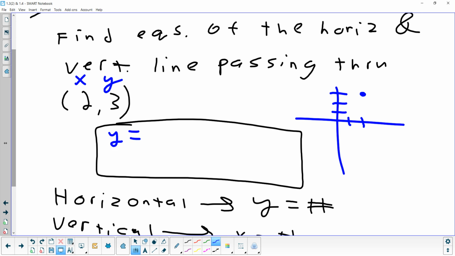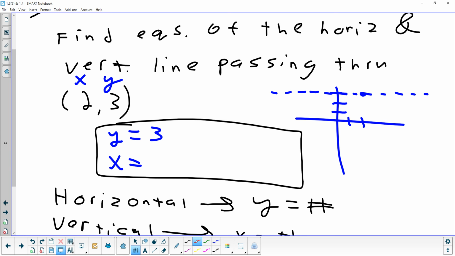The horizontal line that would go right through the point 2, 3. Anybody tell me what the equation of that dotted line would be? Yep, Chris. Y equals 3.